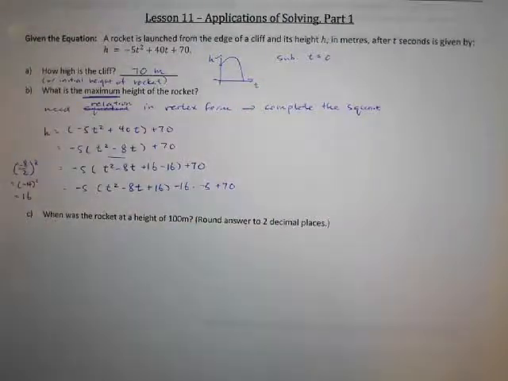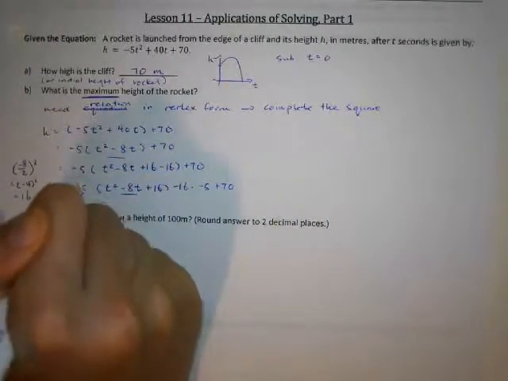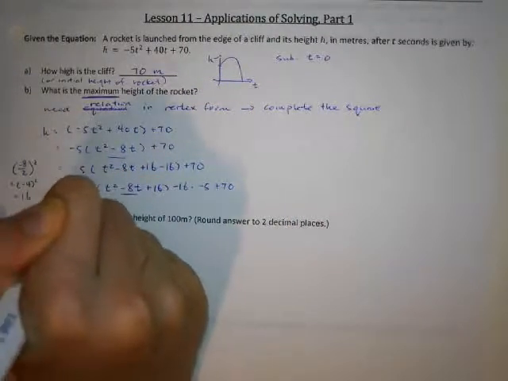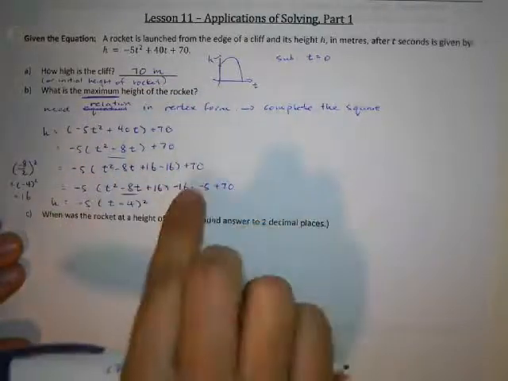Take your negative, we should multiply by a, and then we end up with, in vertex form, h equals negative 5 times t minus 4 squared.